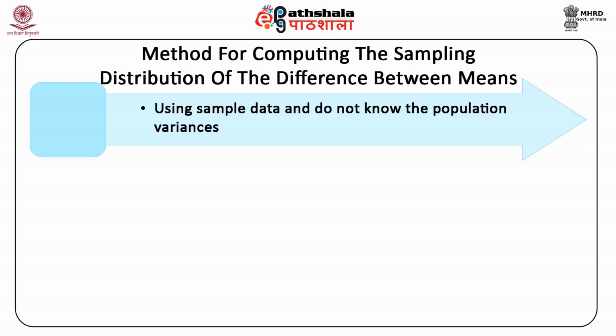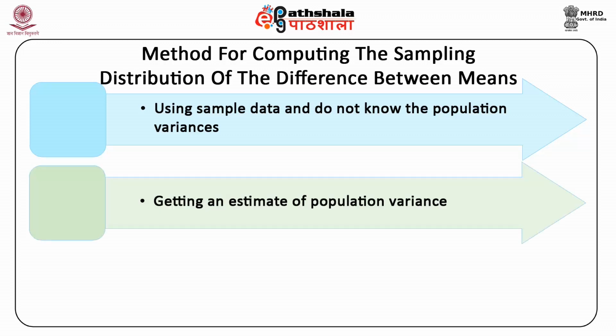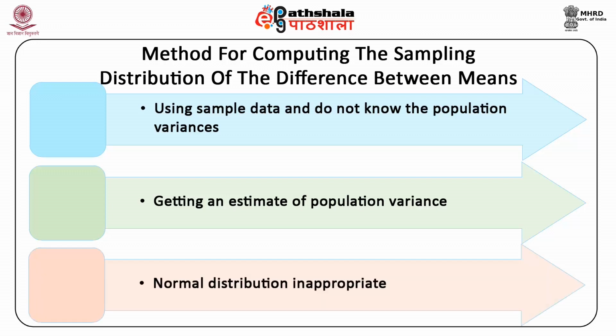When we use sample variances instead, we end up getting an estimate of the population variance, not its true value. This situation automatically makes the normal distribution inappropriate for testing purposes.